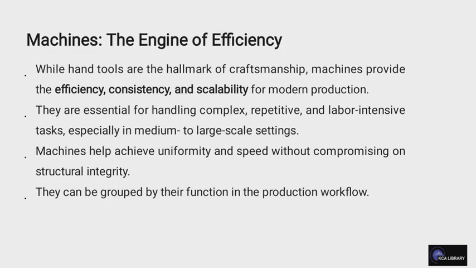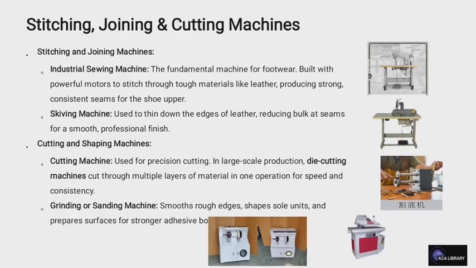They are essential for handling complex, repetitive, and labor-intensive tasks, especially in medium to large-scale settings. Machines help achieve uniformity and speed without compromising structural integrity, and they can be grouped by their functions in the production workflow.